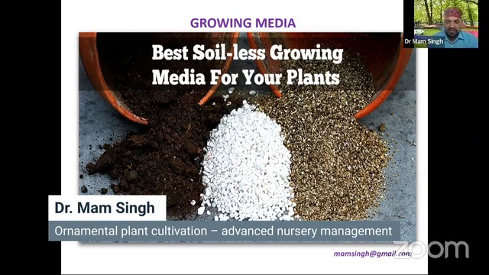So the advantage here is that this growing media, coco peat, gives sufficient space for the roots for uniform distribution. And when we add the perlite, perlites are rock ash molecules which are round in nature, and this molecule of perlite can absorb water and retain it to the tune of 10 times its weight.